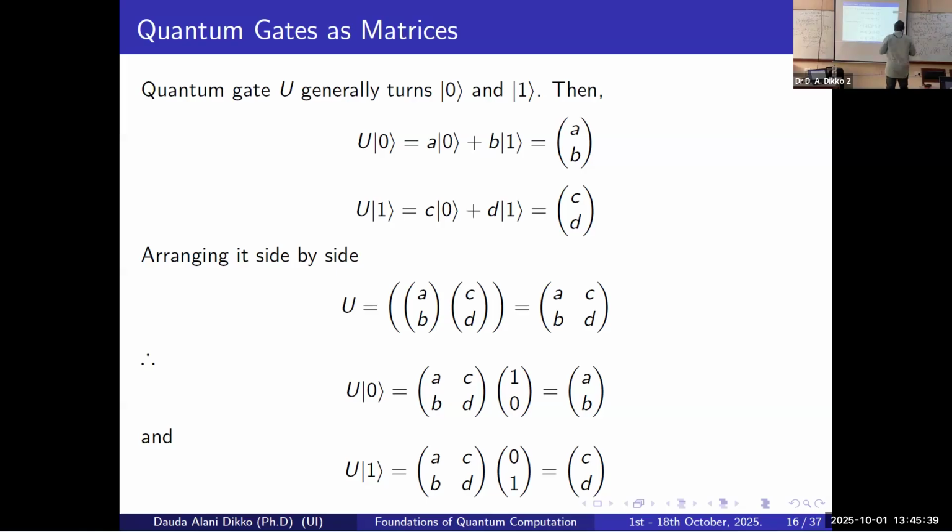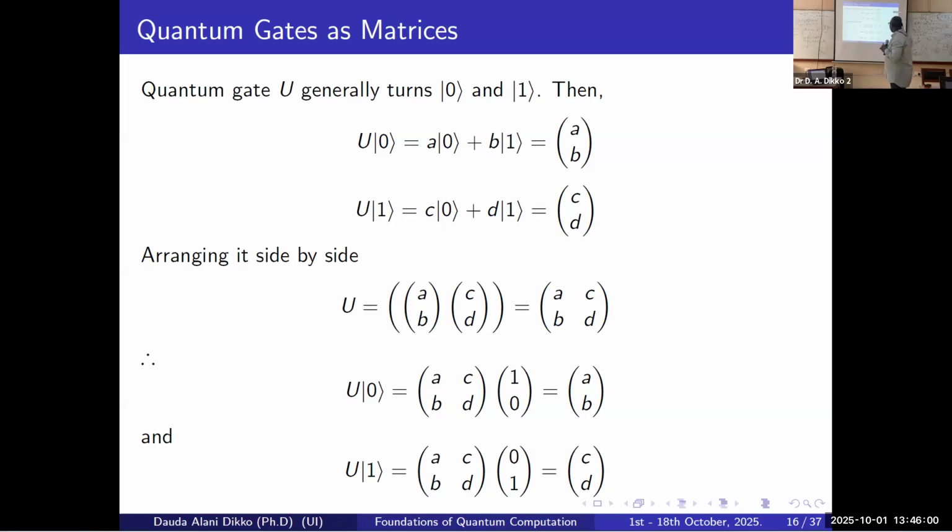What I mean is this: if my AB is 0, 1 and CD is 1, 0, then U will be represented as the matrix 0, 1, 1, 0. This is the kind of thing that our quantum gates represent.